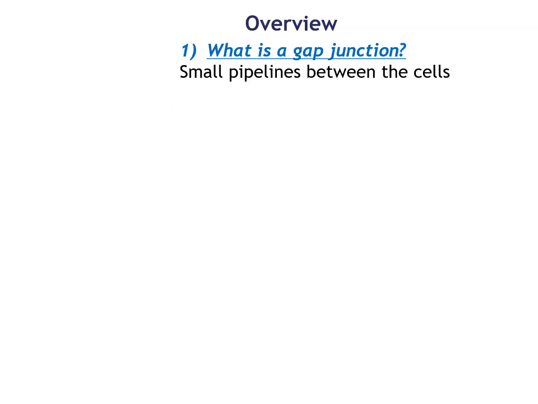Yes. So now to finish the class, quickly I'm going to talk about the other junction, the gap junction. I will be very happy if you remember that gap junctions are small pipelines, very tiny ones between cells. Plasmodesmata are big ports, and in those you can bring even nucleus, mitochondria and organelles.